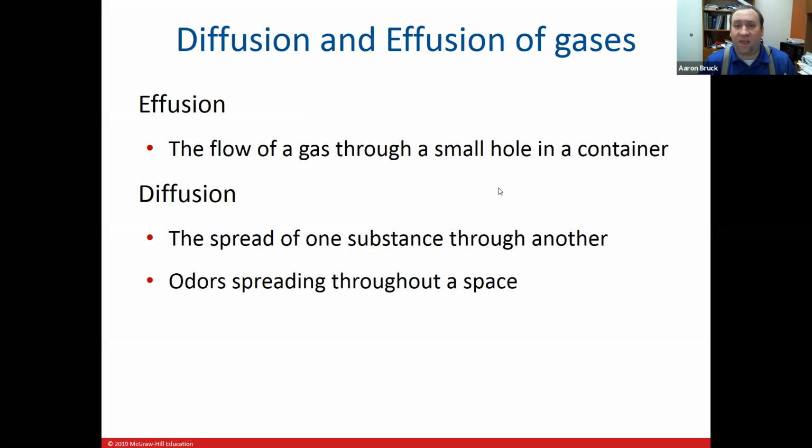Now, before we get to that, there is another concept that we want to tackle, and it's the concept of something called diffusion and effusion. Now, these both describe gas behavior in terms of the flow and the movement of gas particles. And so effusion is the flow of a gas through a small hole of a container.